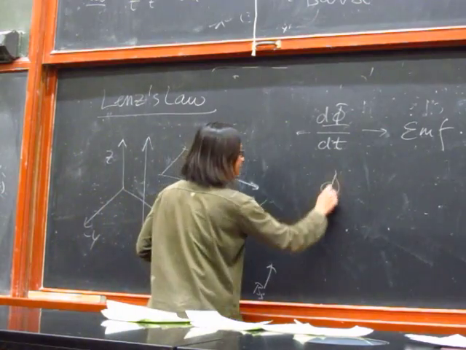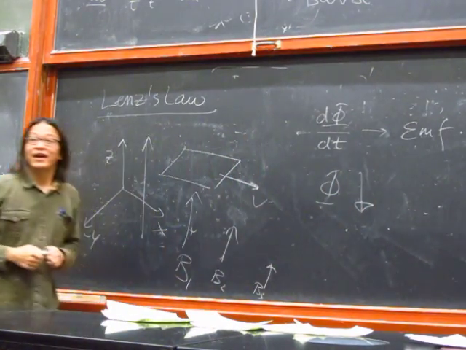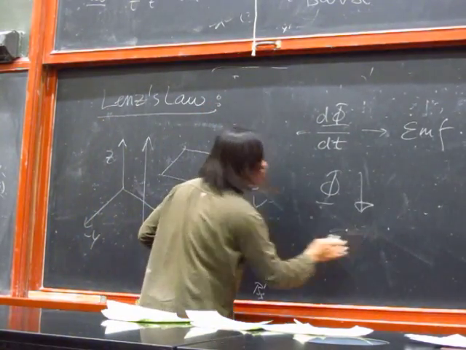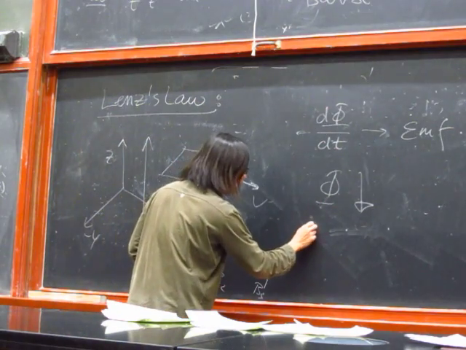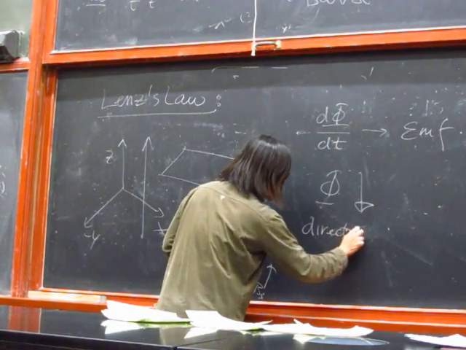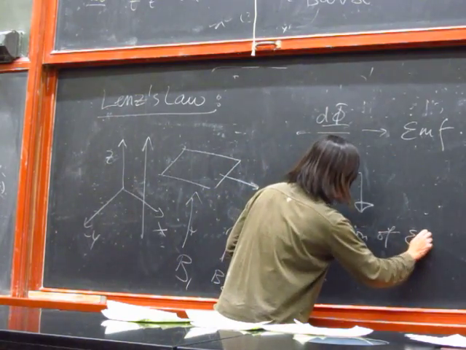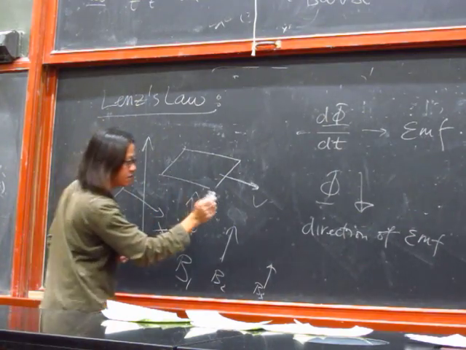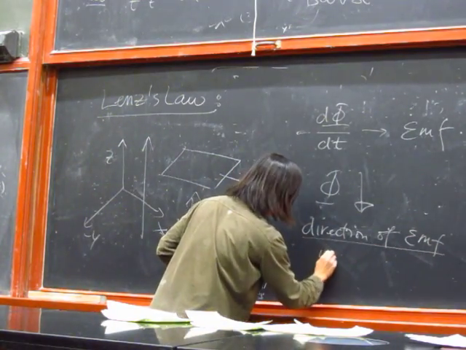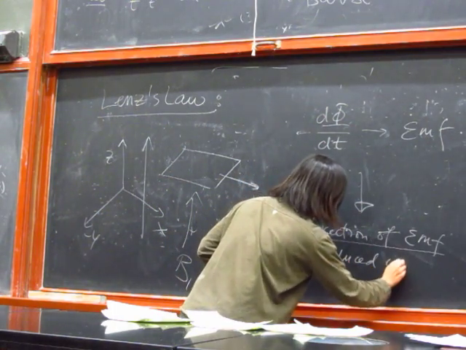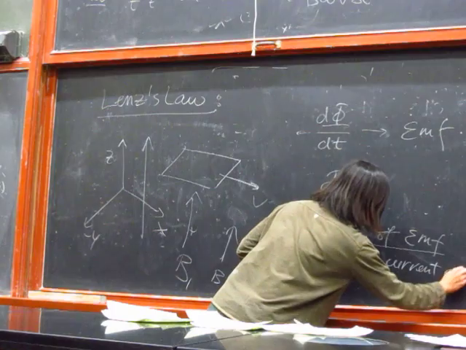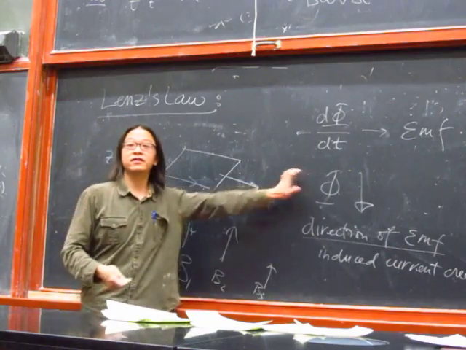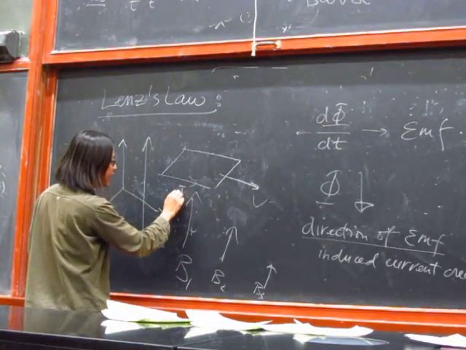The direction of the EMF is such, and this is Lenz's law, just a way to remember, the physics we already finished, that the induced current created will counteract that flux change. So in this case there will be an induced current I like this.